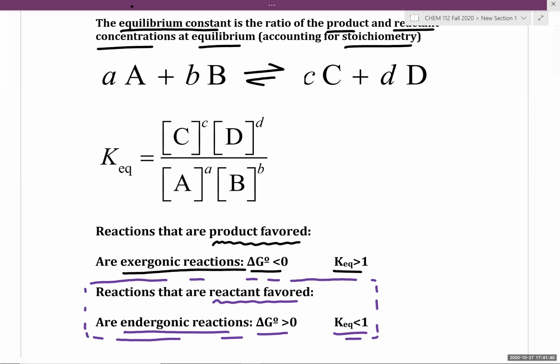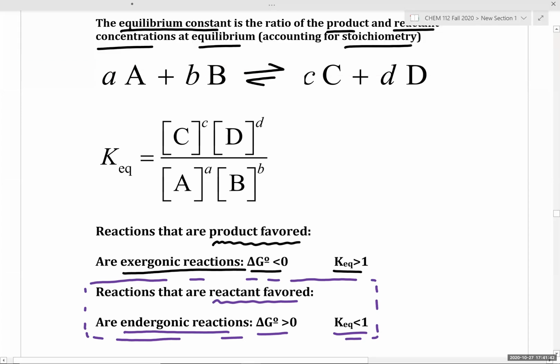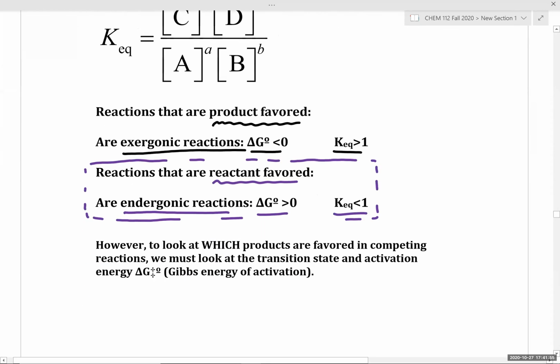Okay, so we're going to focus a lot on the reaction Gibbs energy, but in order to accurately analyze chemical reactions, we have to get a little bit more specific in terms of what Gibbs energy we're looking at. Now, overall reaction Gibbs energy is useful for looking overall at whether a reaction is reactant or product favored.